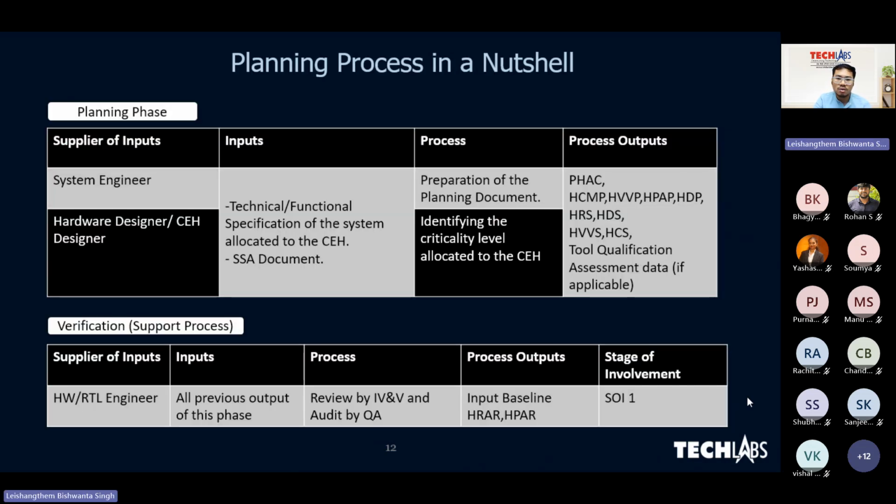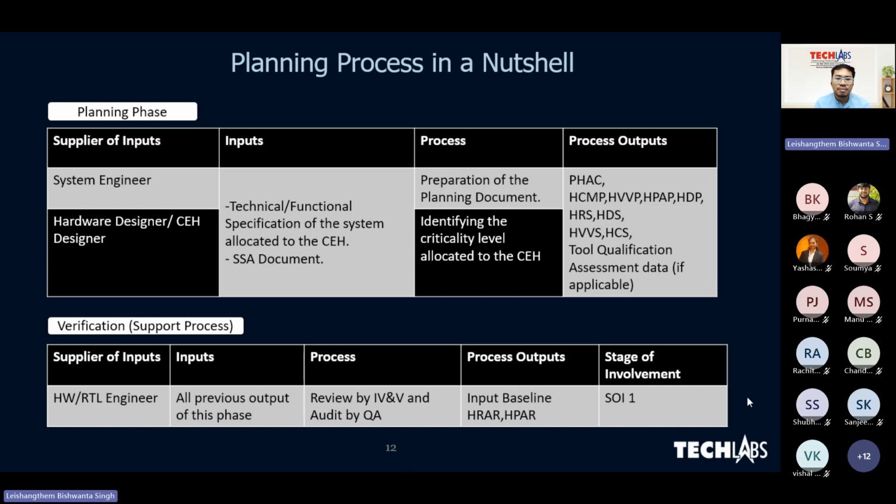So moving on, what we have here is the planning process in a nutshell. Each process in DO-254 has some inputs provided to it, does something, and then gives some output as an end product of the process. And then this output will be used as an input to the next process. So that is what I'm basically showing here.